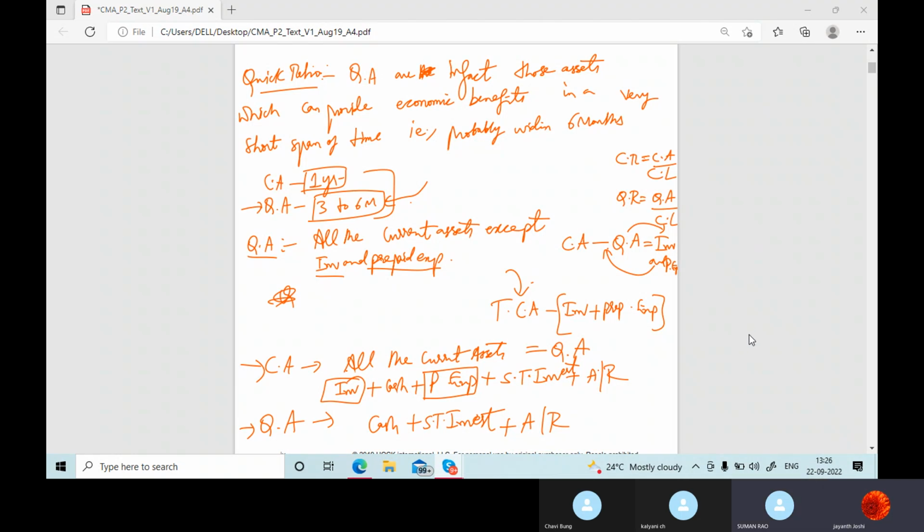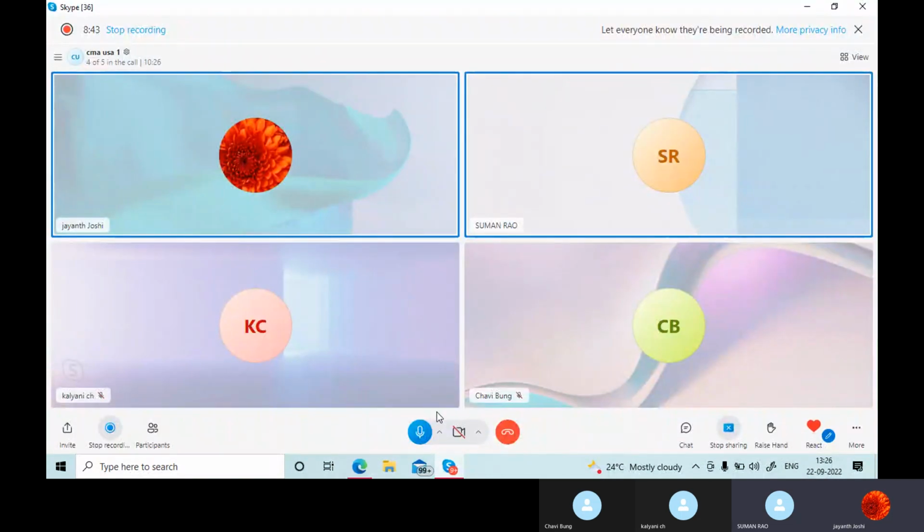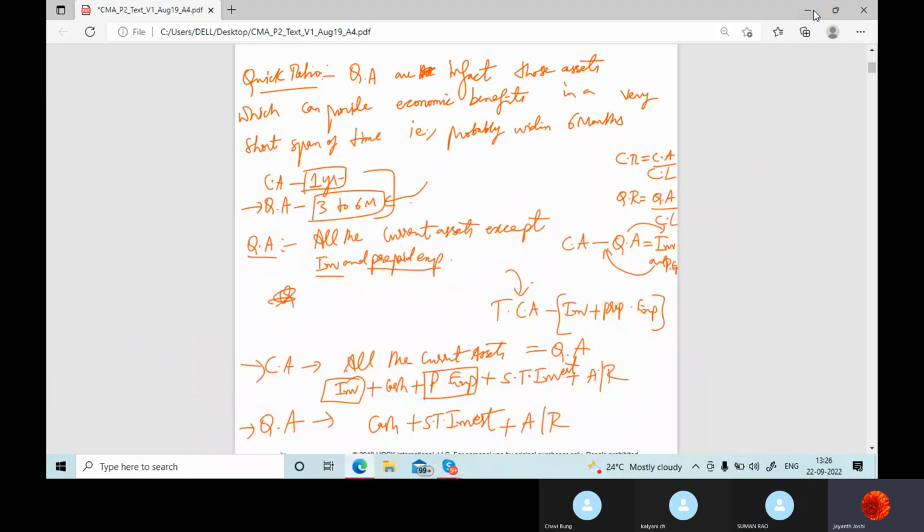Not yet from my end. You're not able to see the screen? Please confirm. Yeah, it is just appearing. Okay. Still, it is blank from my end. Rest of them are able to see. Please rejoin again.